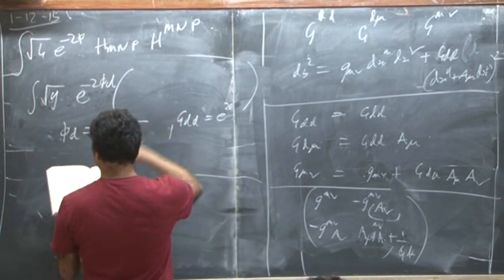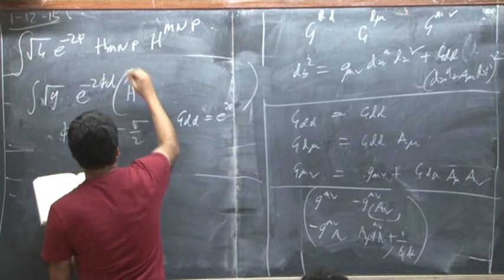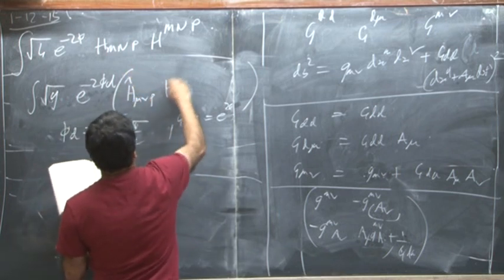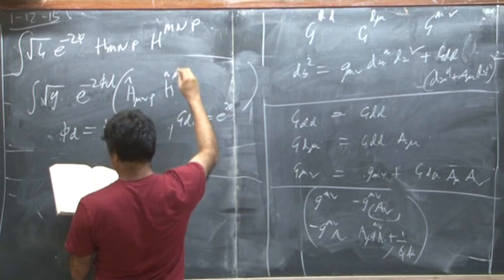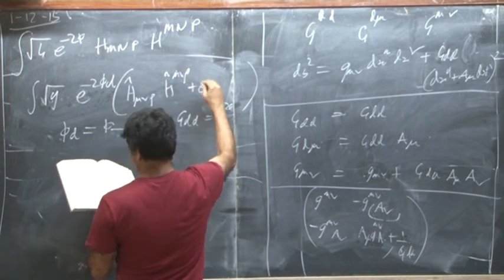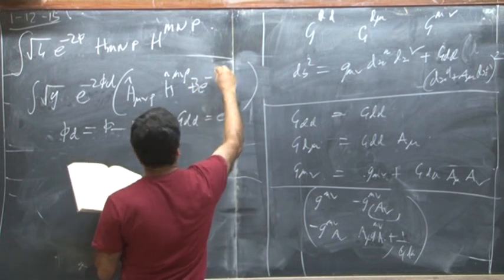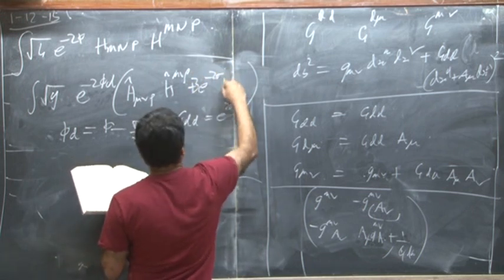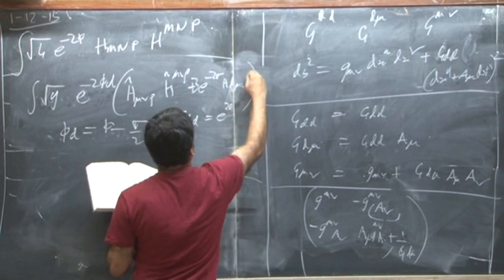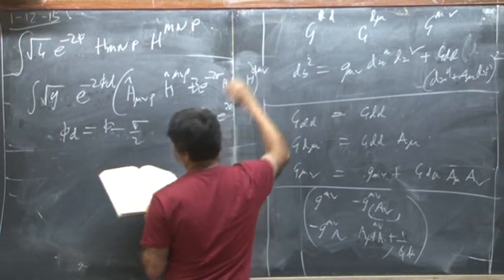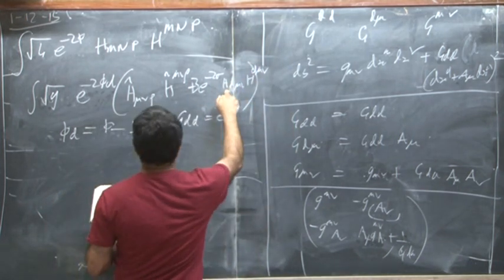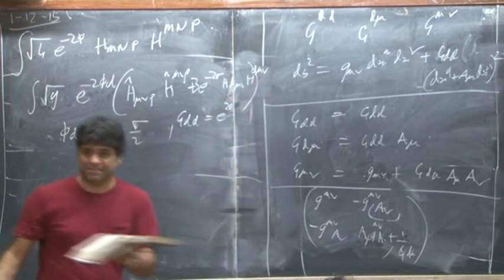You get h hat mu rho, h hat mu rho, plus 3 e to the power minus 2 sigma h d mu h d mu. This is the Maxwell term for the field strength.